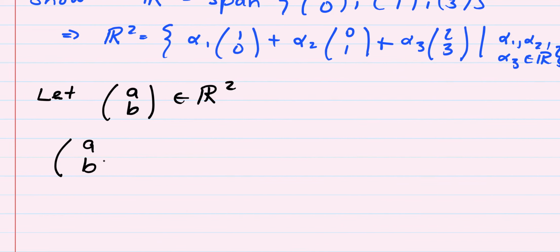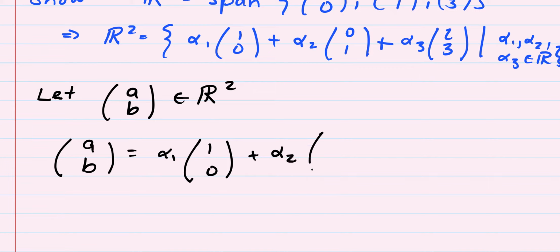So we want to find alpha 1, alpha 2, and alpha 3, if it's possible, such that we get (A, B).